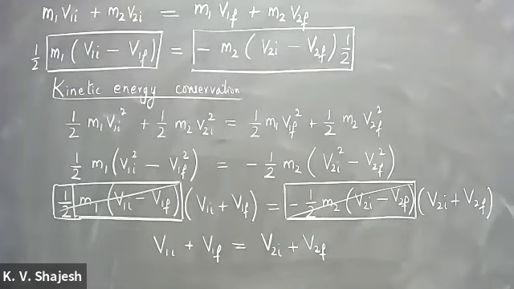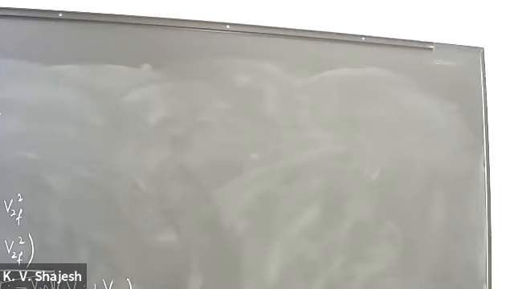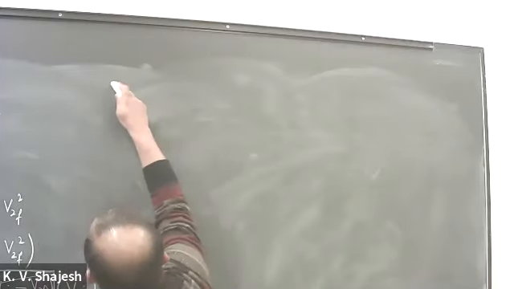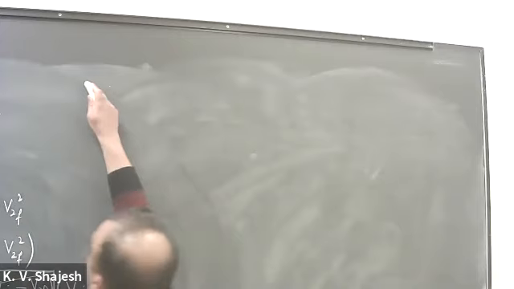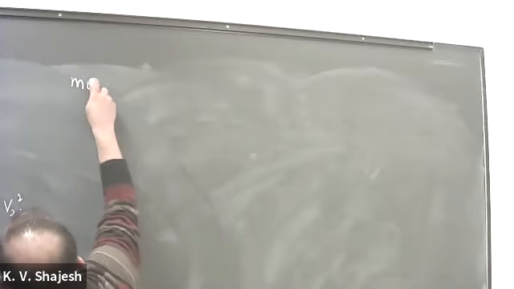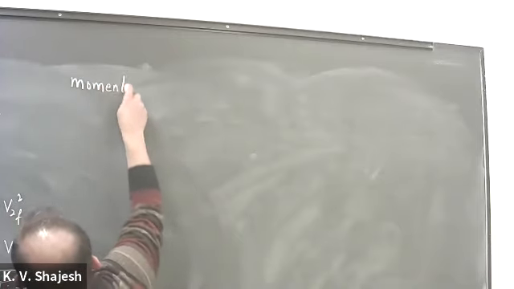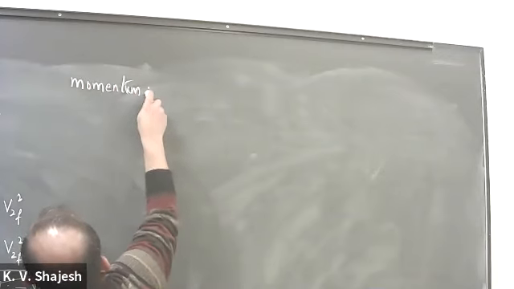And from that, we can derive a very general expression, and then we will do examples discussing that. So let me very quickly derive the general expression. Let me rewrite the equation. So conservation of momentum now. So this is the momentum equation.